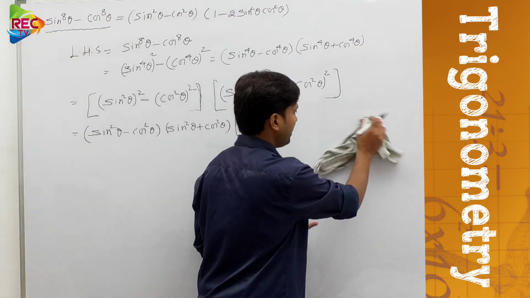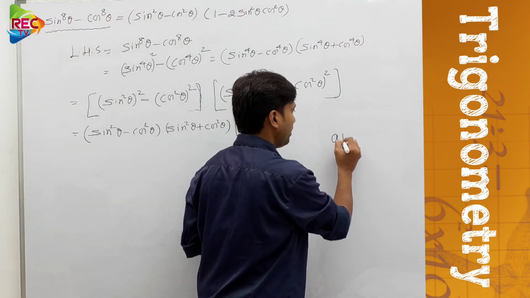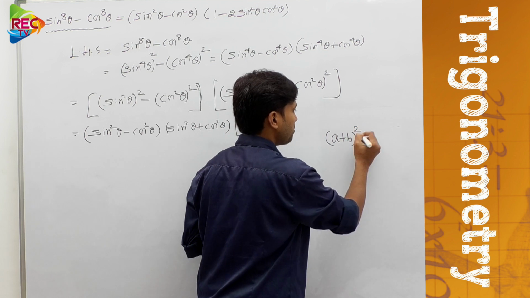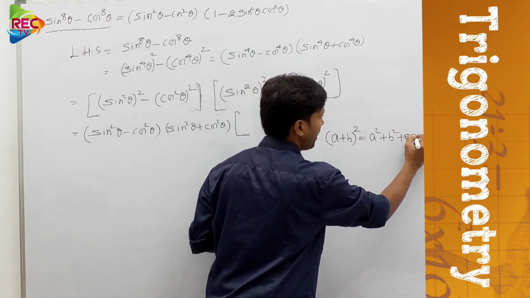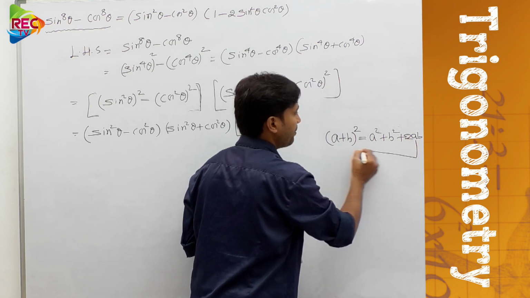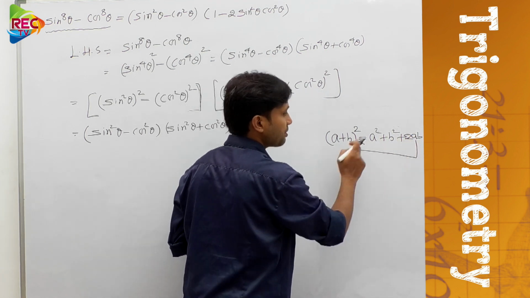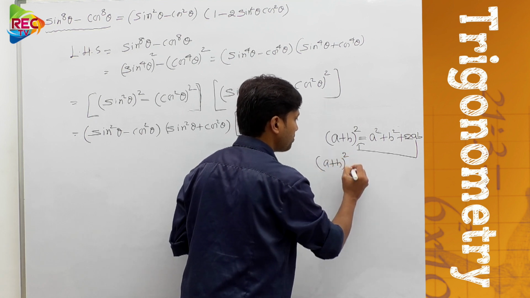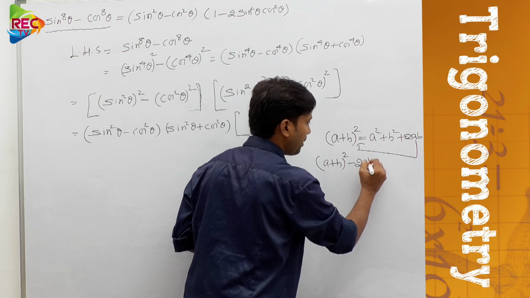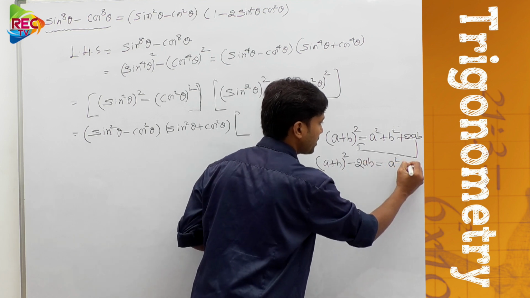Once again I am repeating that there is an algebraic formula, that is (a plus b) whole square equal to what? a square plus b square plus 2ab. If you get this 2ab to this side, then it becomes minus 2ab. Then what happens? (a plus b) whole square minus 2ab equal to a square plus b square.